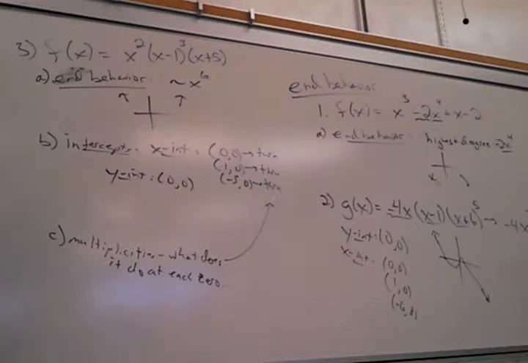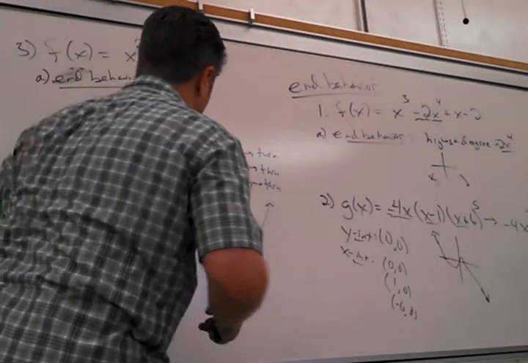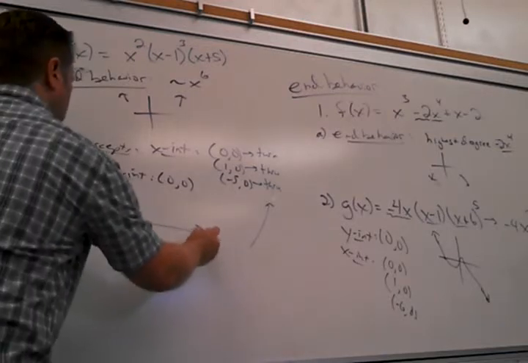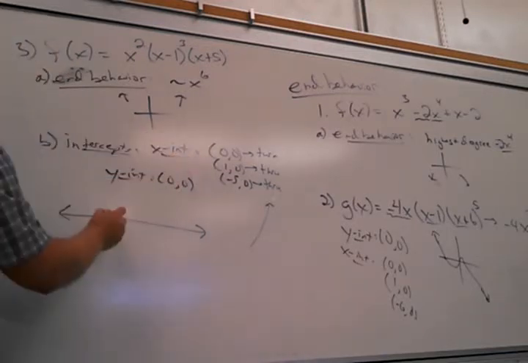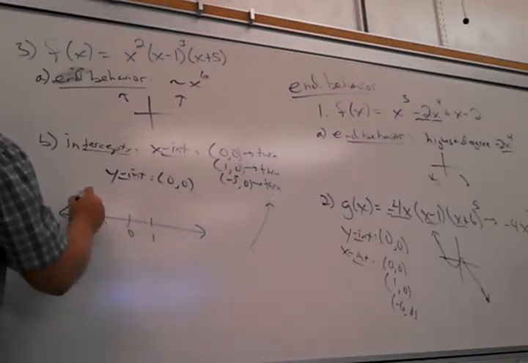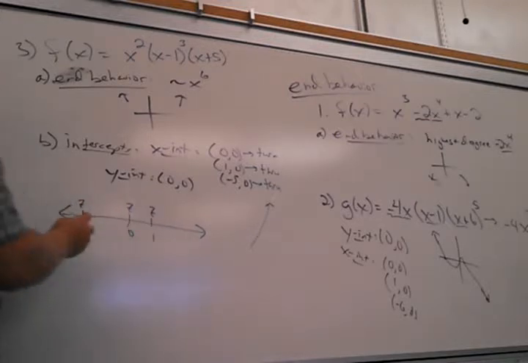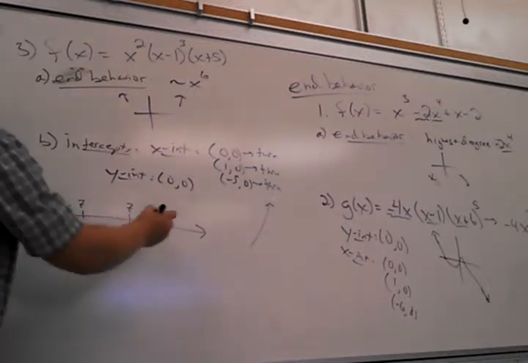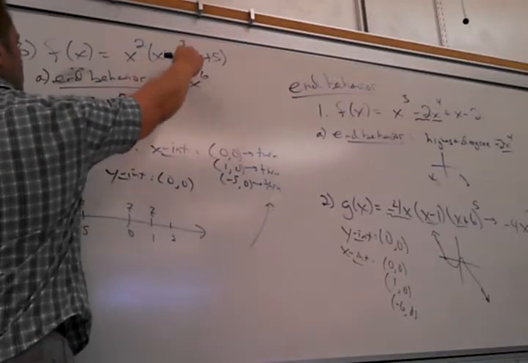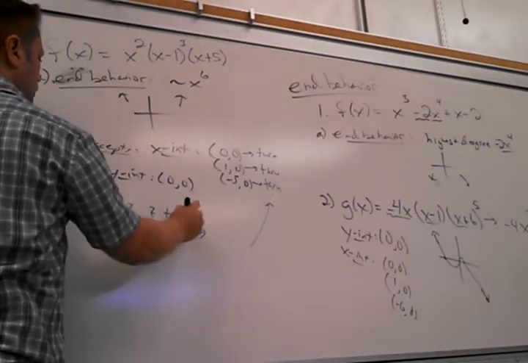Now, if you don't like that, let me remind you, you could do this whole process here. Nothing wrong with this, where you've got your zeros. Remember this? Same exact idea, really. If you put a 2 in there, positive, positive, positive, so it's positive up here.